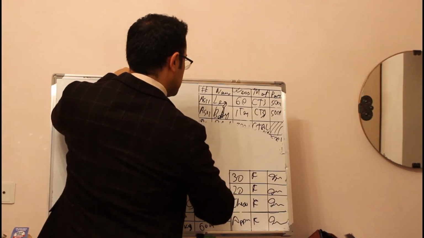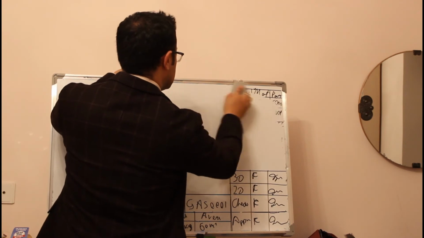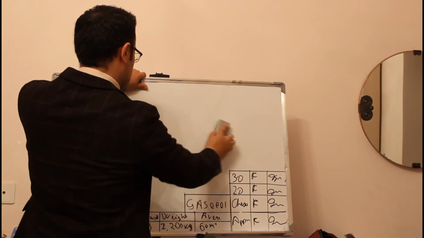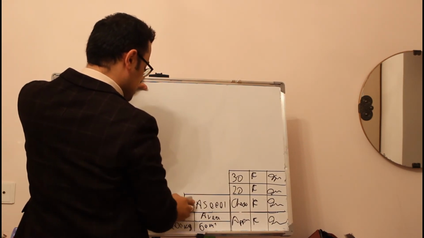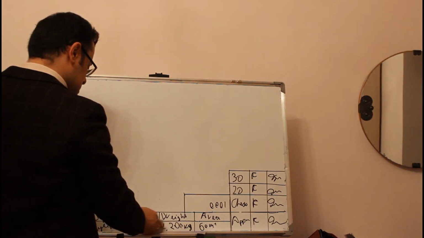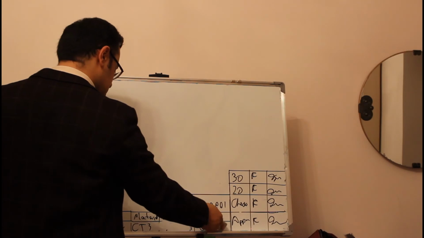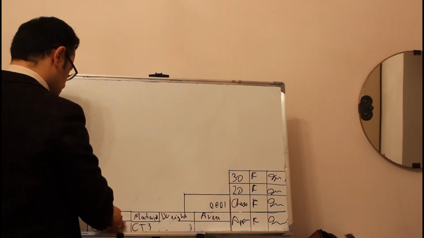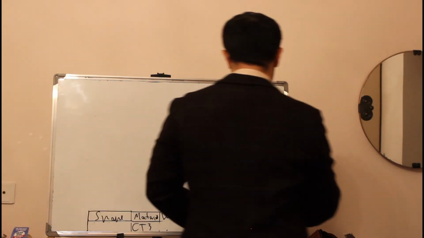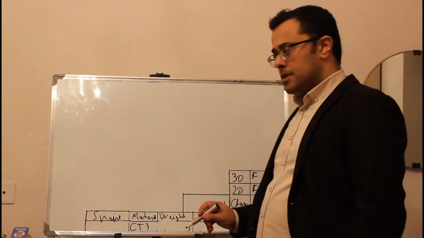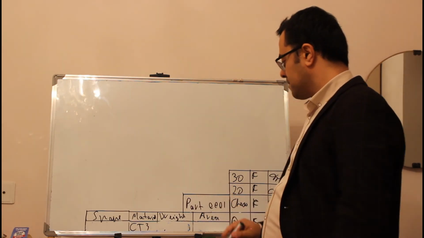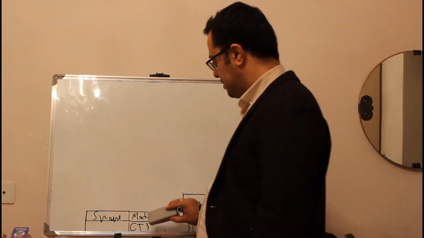Assembly is similar to gas 001: you have a box with parts and you look at that box, then go for the parts. Its weight is different, area is different, part 0001, and material is also different.